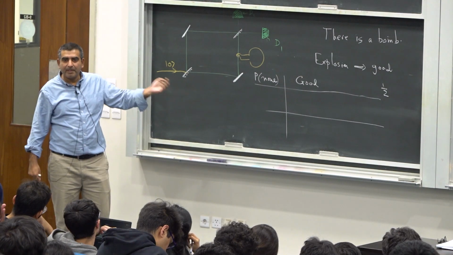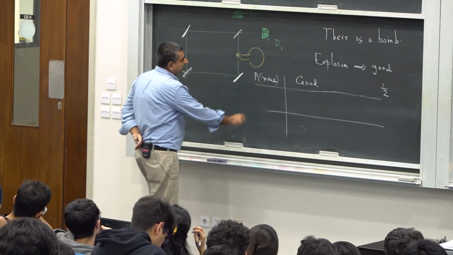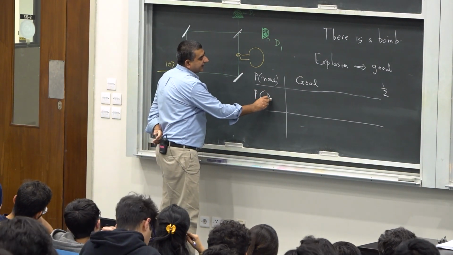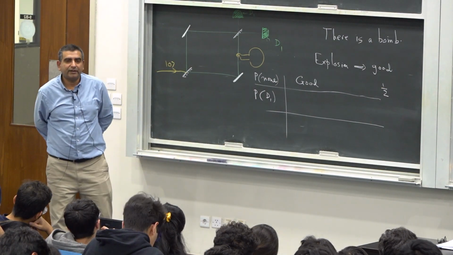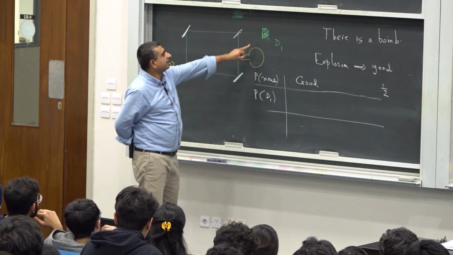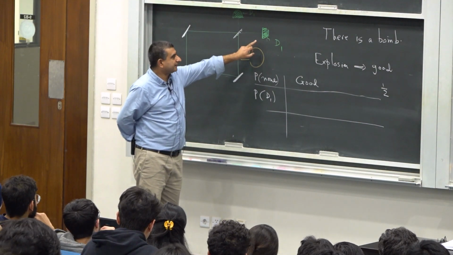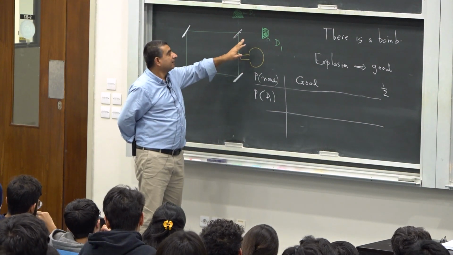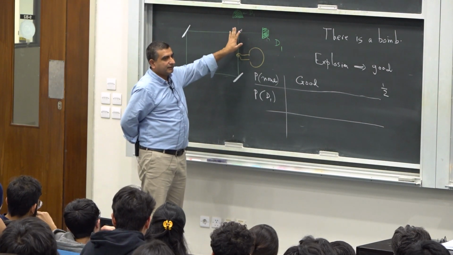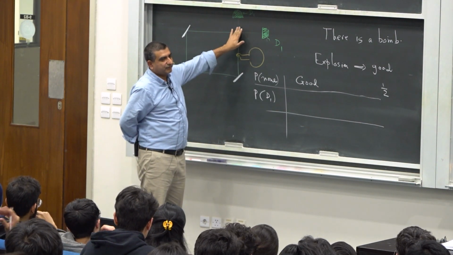All right. So now the second possibility is that detector D1 clicks. There's a half probability that detector D1 or D2 clicks, and there's an equal probability that either of these detectors clicks.